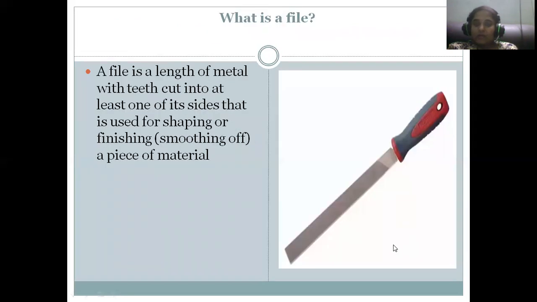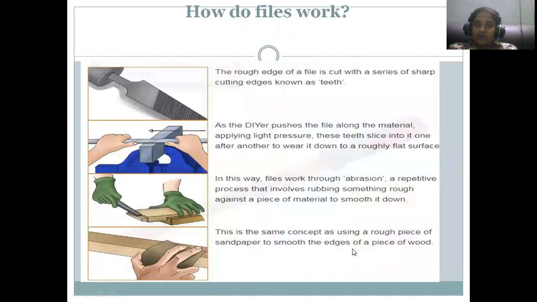The next question would be, what is a file? A file is a length of metal with teeth cut into at least one of its sides that is used for shaping, finishing or smoothing a piece of material. I have even given a diagram for better understanding.